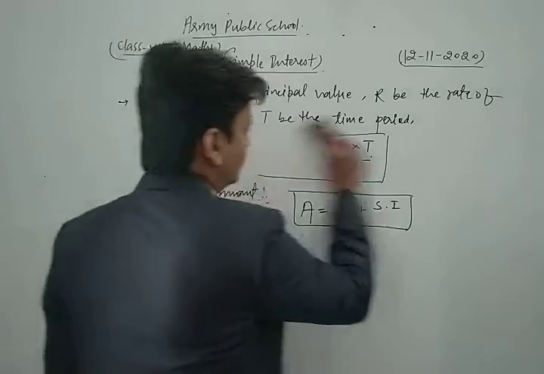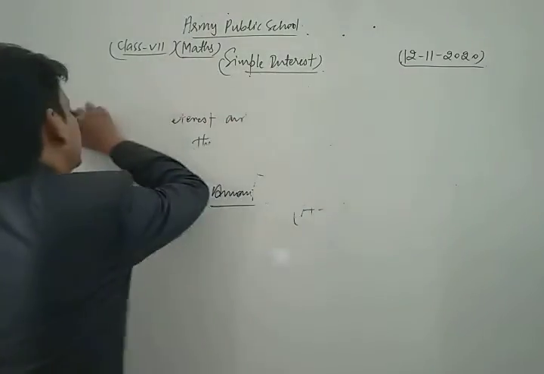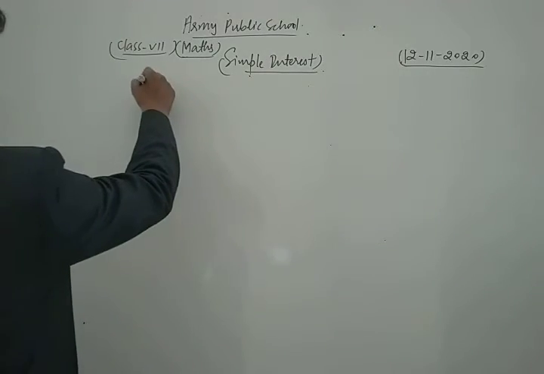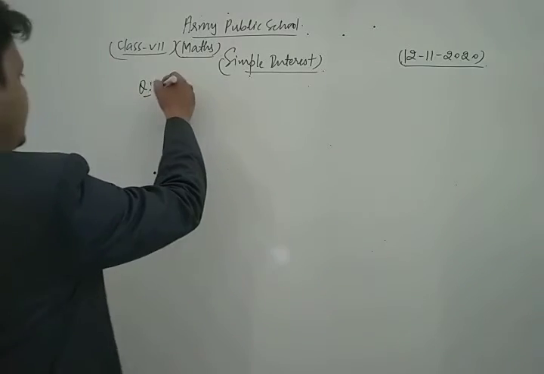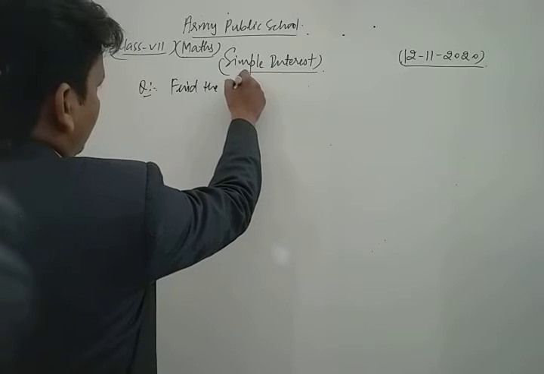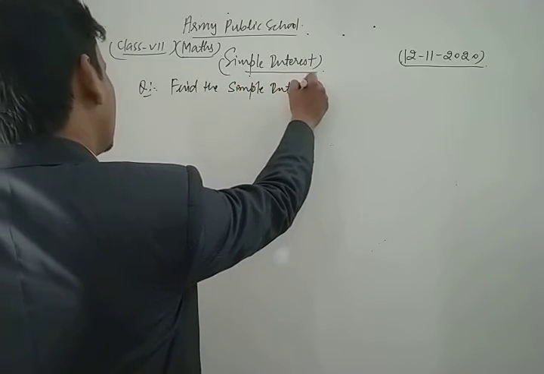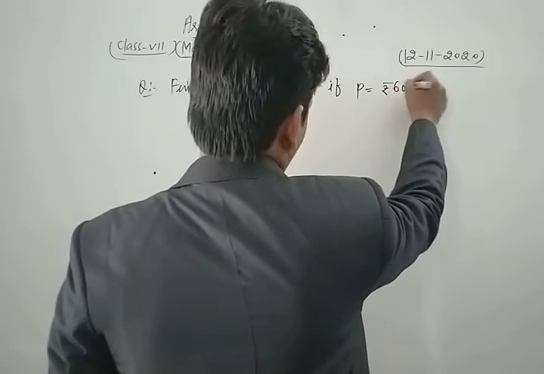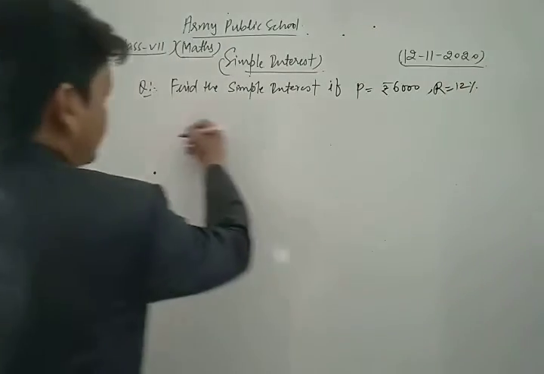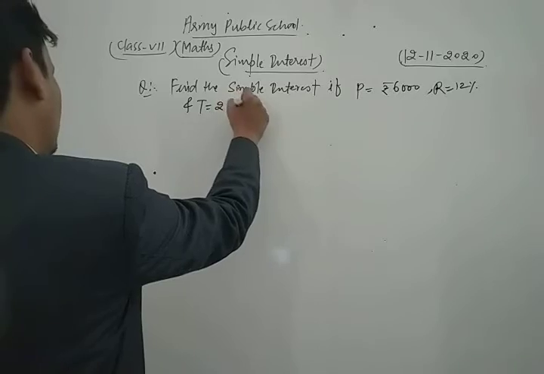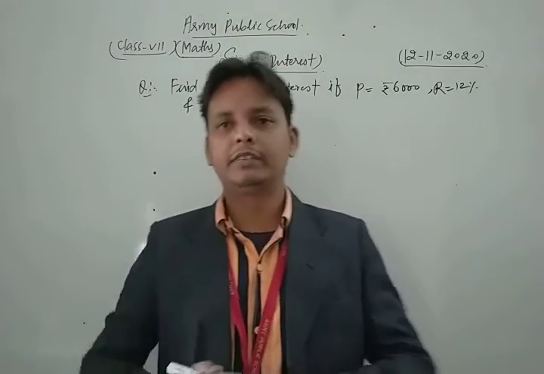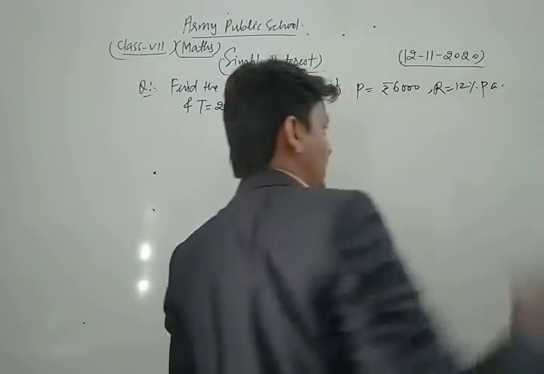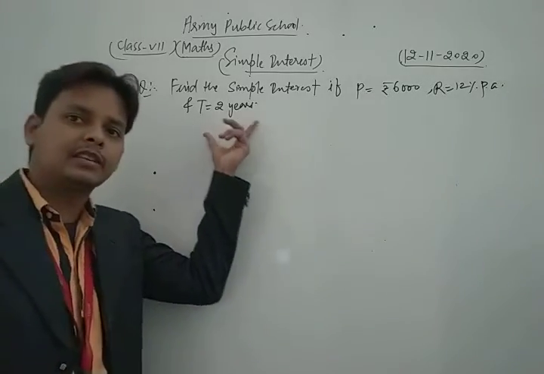Let's see. Now let's take a question. Find the simple interest if the principal is rupees 6,000, the rate of interest is 12% per annum, and the total time is 2 years.